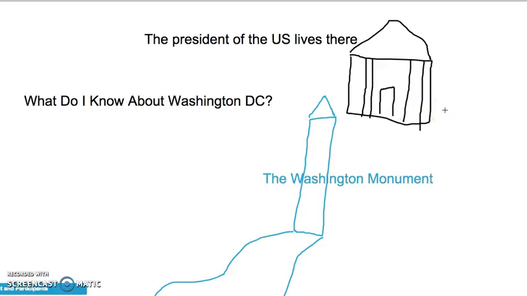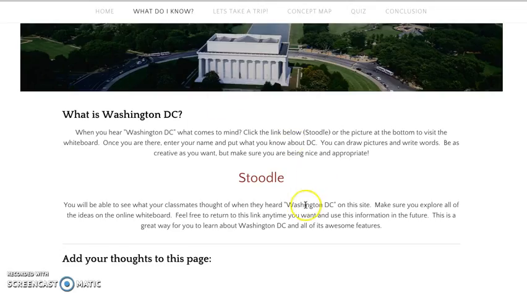If the White House is what you think of when you hear the word Washington, D.C., input it on this page. You can put anything you want, be creative, but be appropriate. Now back to the Webquest.